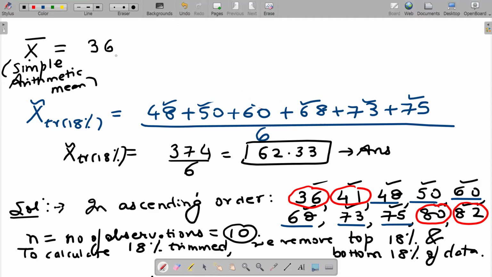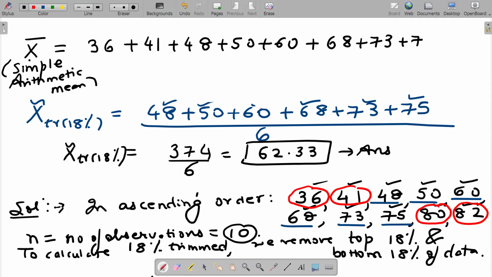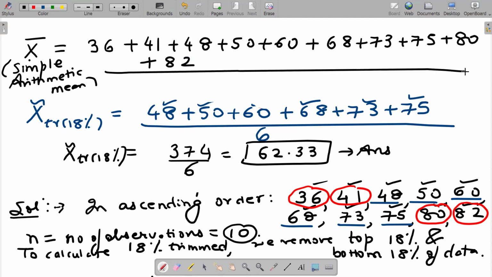Sum of all observations, which is 36 plus 41 plus 48 plus 50 plus 60 plus 68 plus 73 plus 75 plus 80 plus 82, divided by the total number of observations. How many observations do we have in total? 10.